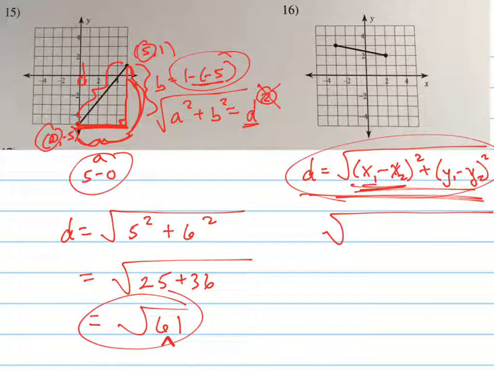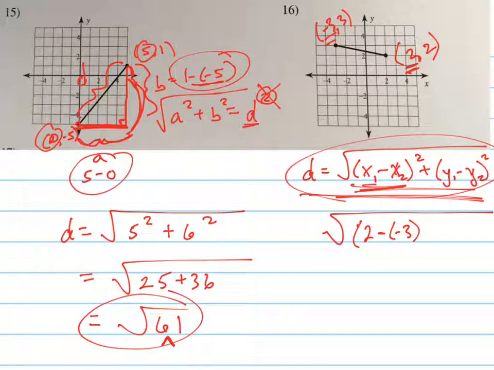So the x value here is -3 and the y value is +3. The x value here is 2 and the y value is 2. So you're taking your x's. We'll use that as 0.1. 2 minus -3. Make sure you use parentheses.